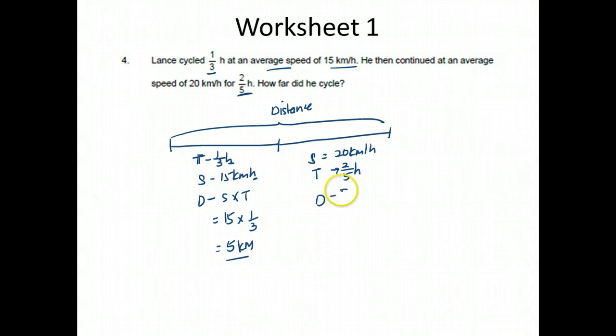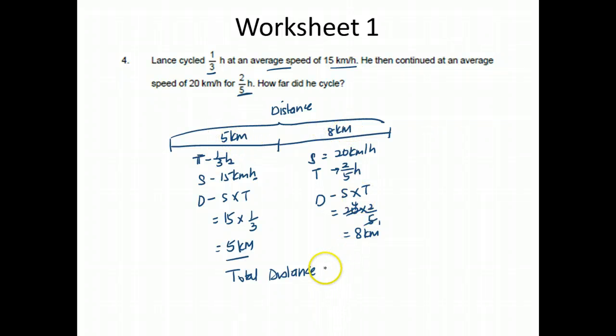So my distance here will be speed times time again. 20 times 2/5, which is 8 kilometers. So my total distance is, this distance is 5 kilometers, this distance is 8 kilometers, so my total distance is 8 kilometers plus 5 kilometers, which is 13 kilometers.